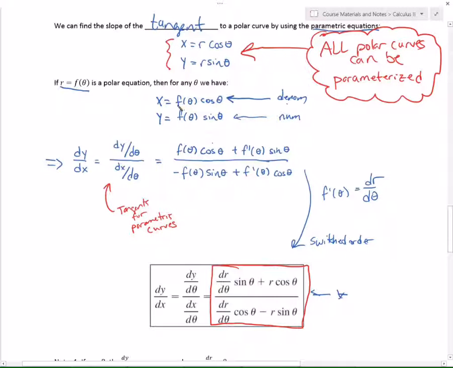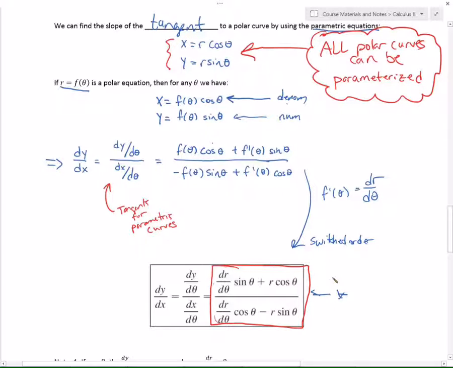But now I've got to treat this as a product rule. A function of theta times a function of theta. So it's first times the derivative of the second, plus the second times the derivative of the first for dy/d theta. And then on the bottom it's first times the derivative of the second plus the second times the derivative of the first. So that's what we came up with. This, which can be rewritten this way. So this is the formula we need to know.